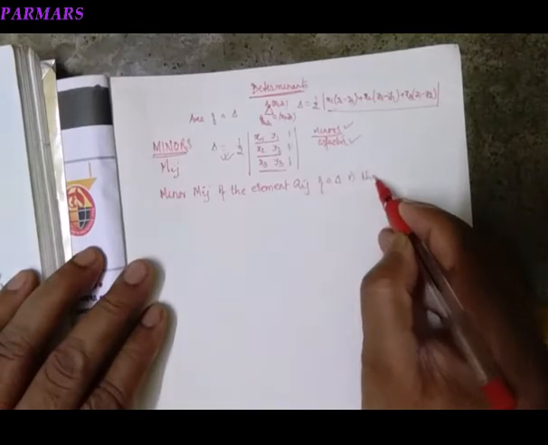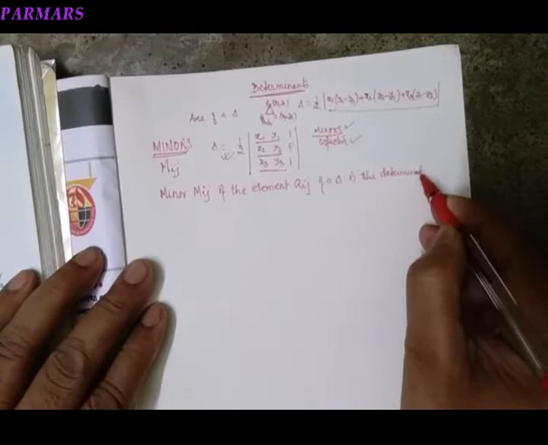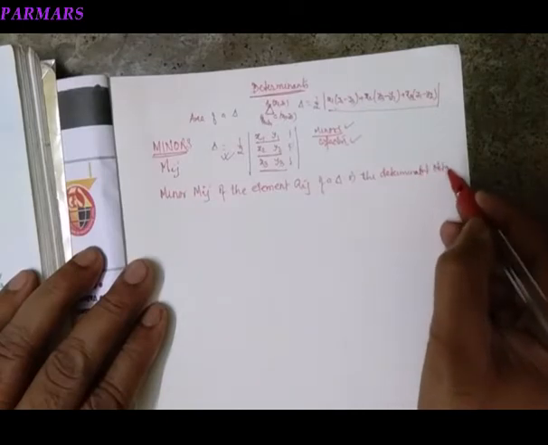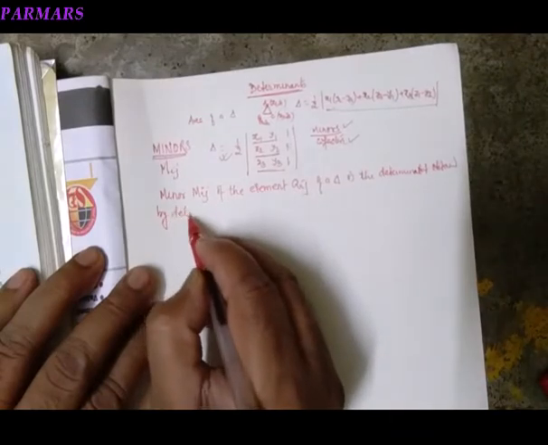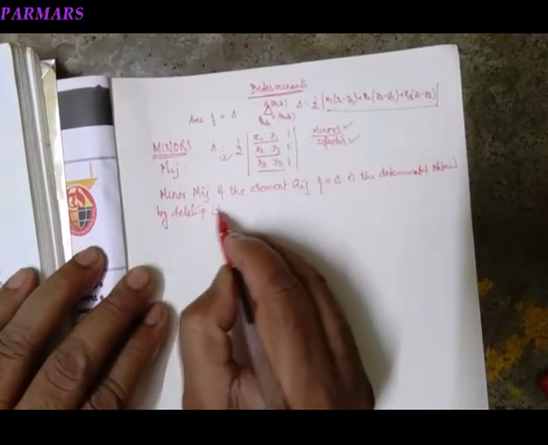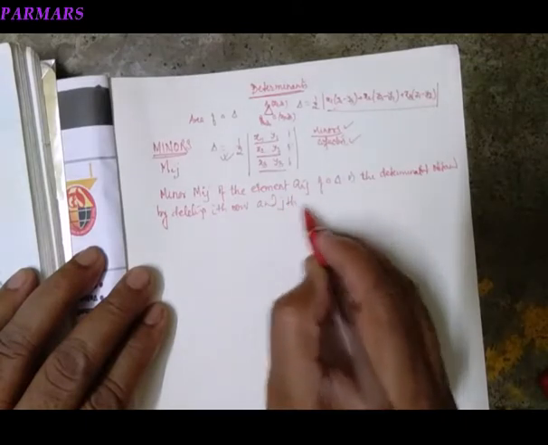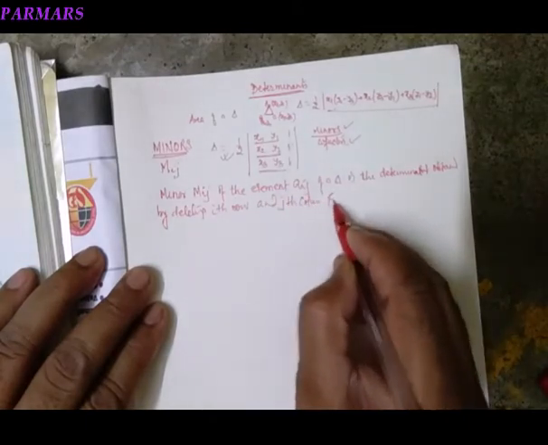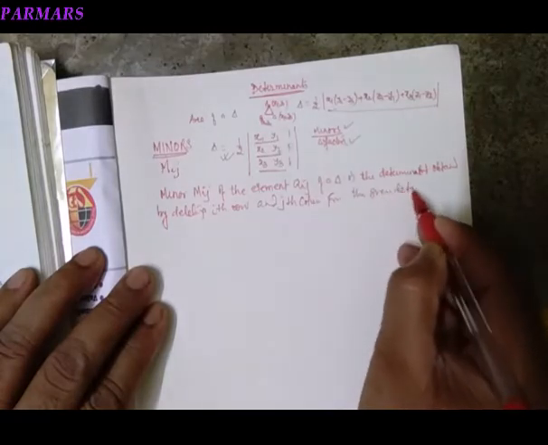The minor is also a determinant, obtained by deleting the ith row and jth column from the given determinant.